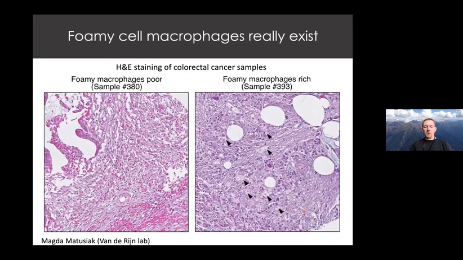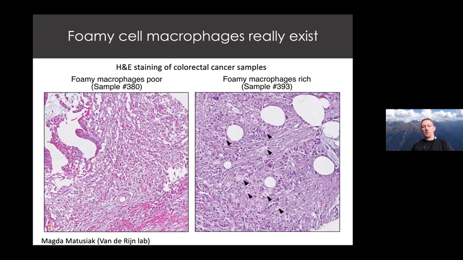So we actually wanted to see, instead of doing this computational approach, which is purely based on gene expression, can we actually go and look at some samples and see these foamy macrophages in person? And so Matt van de Rijn's lab in pathology here at Stanford had bulk gene expression profiles on some colorectal cancer samples.